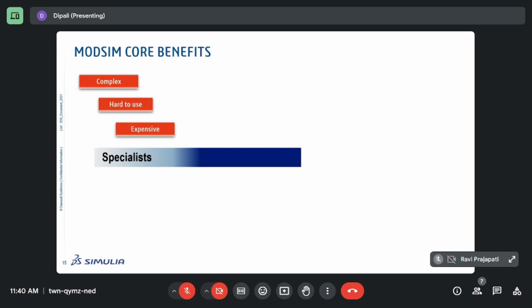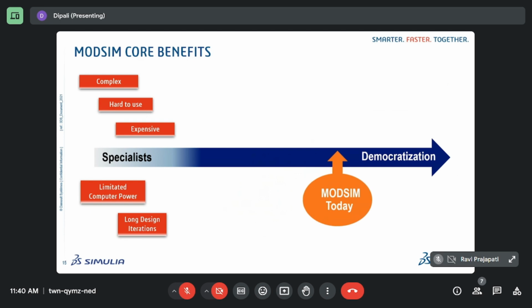It is also very expensive. We had limited computational power to run such advanced software. Then it took very long design iterations, but at present it has shifted to democratization.